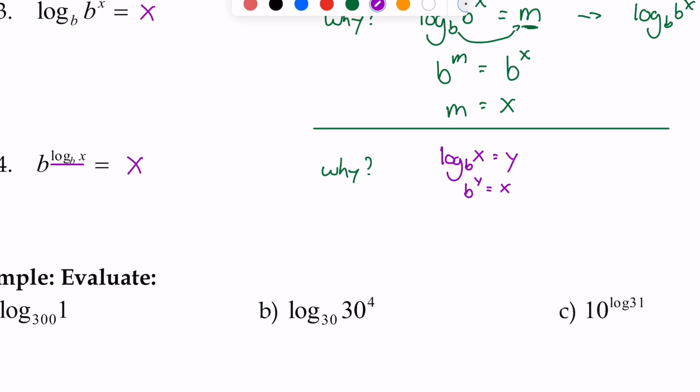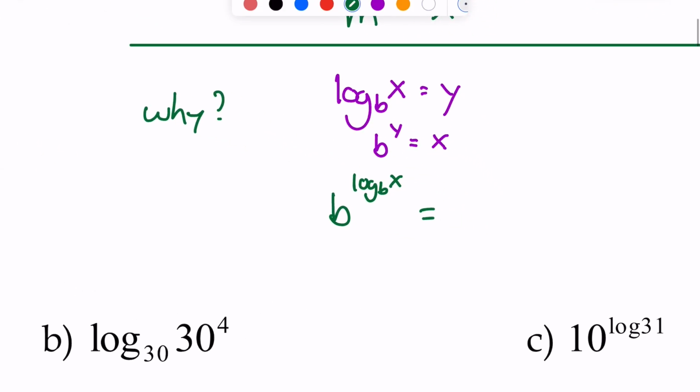Now we know that log base b of x is the same as y. So let me rewrite this entire exponent: b to the log base b of x equals. A logarithm of some base of x equals y, so I'm going to take this expression and put it right here.